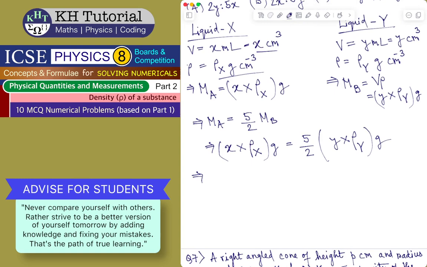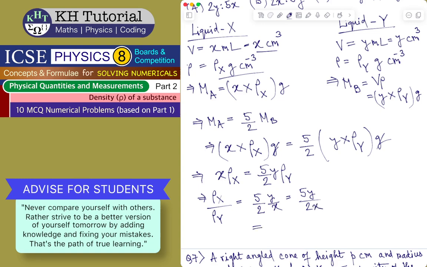Now we can cancel out the gram, that is the unit, from both the sides. So now what we are having is X rho X is equal to 5 by 2 Y rho Y. We have to find the ratio of rho X and rho Y. So this implies rho X divided by rho Y is equal to 5 by 2 times Y by X, which is equal to 5Y by twice X. So from here we can clearly say that the ratio of rho X and rho Y is 5Y is to 2X.